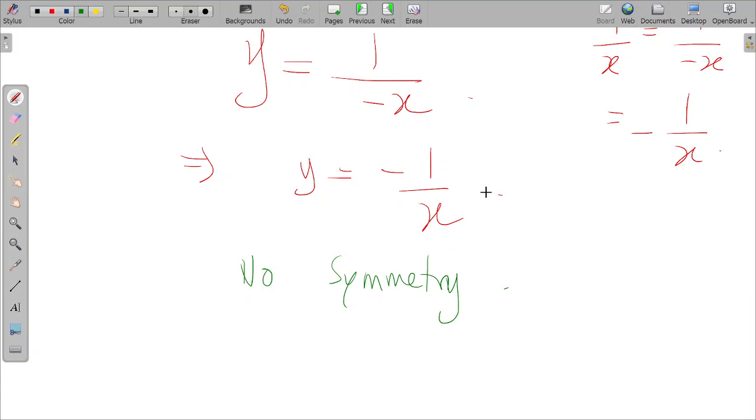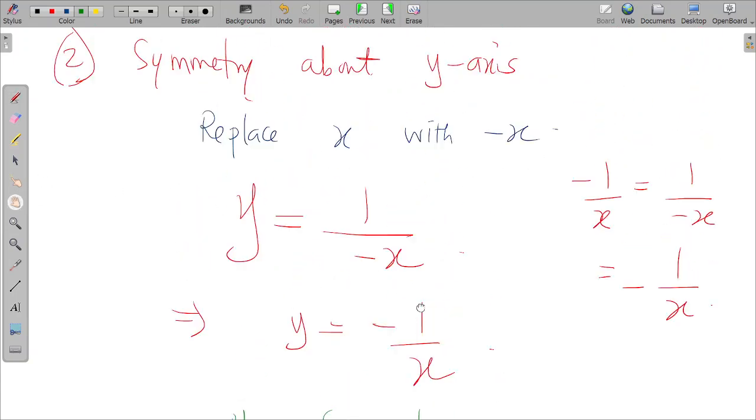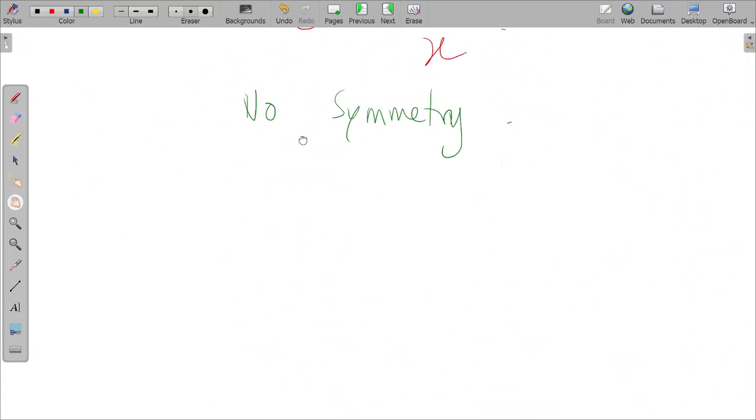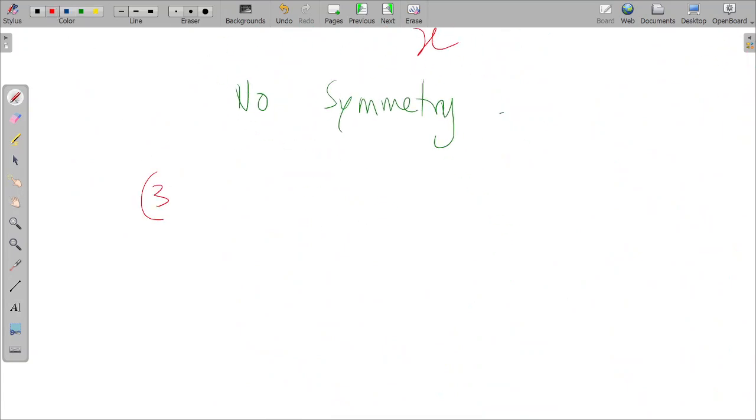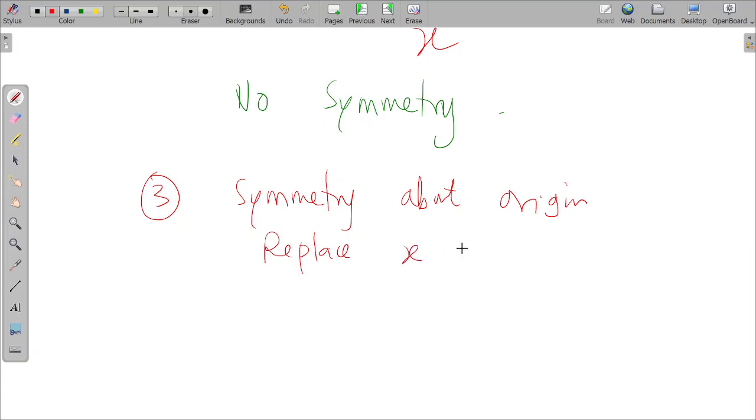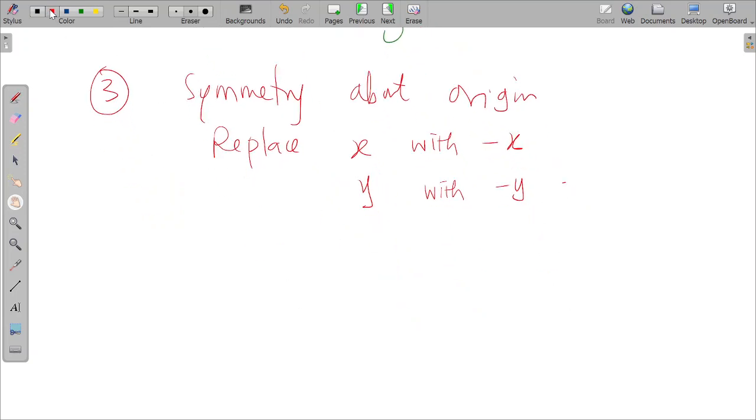Again, let's now find symmetry about the origin, number 3. In symmetry about the origin, we replace x with negative x and y with negative y. From the equation, we now have minus y equals 1 over minus x.